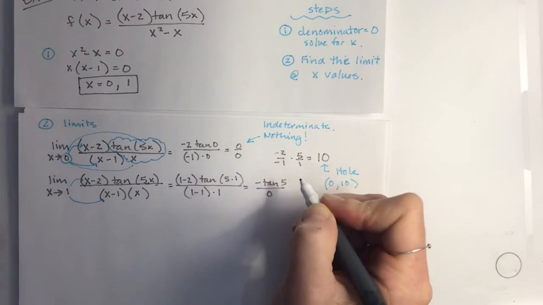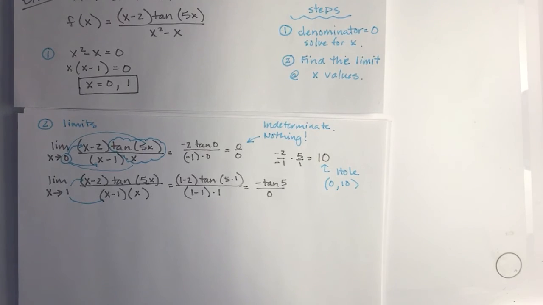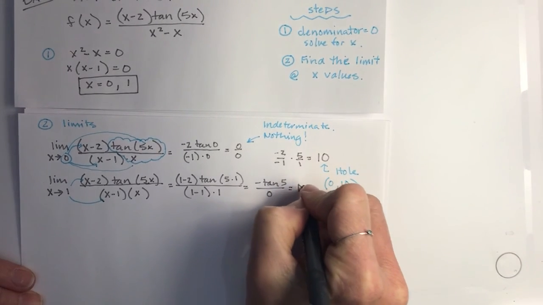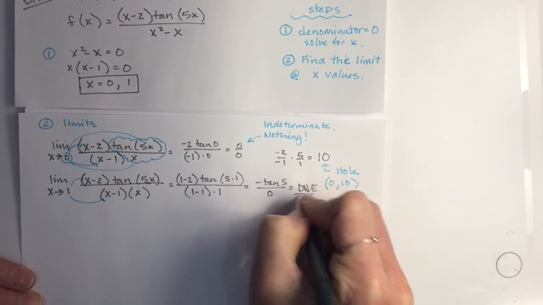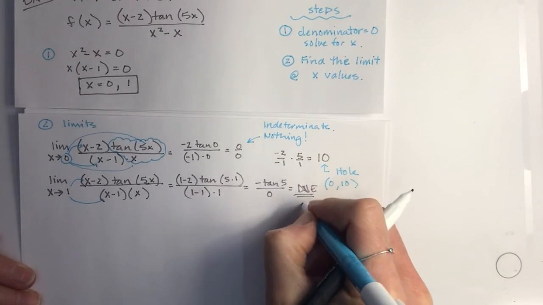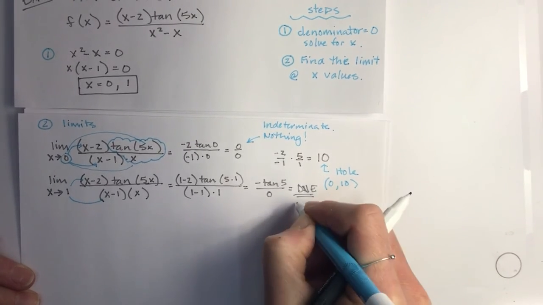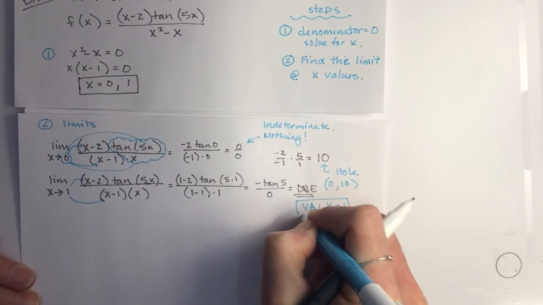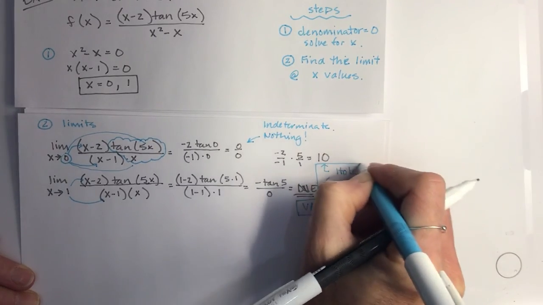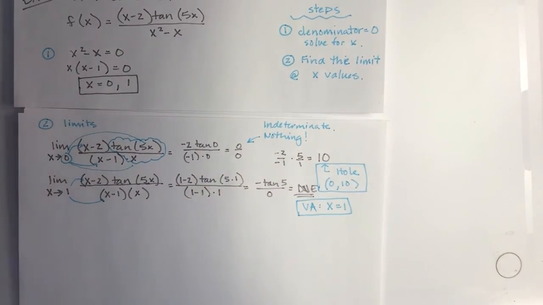You can see that negative tangent of 5, that's going to be just a number, right? Some number over 0 is D and E. So we have a vertical asymptote at x equals 1. So vertical asymptote and a hole. So that's our difference. All right. Next video is going to be if we have a limit at infinity.